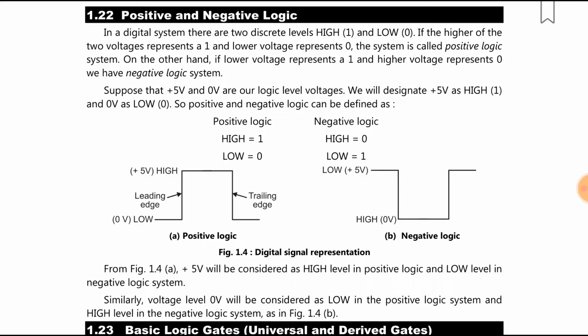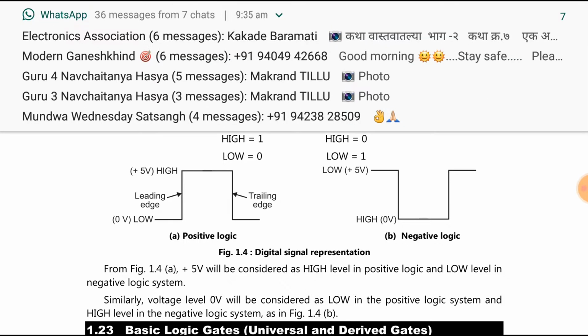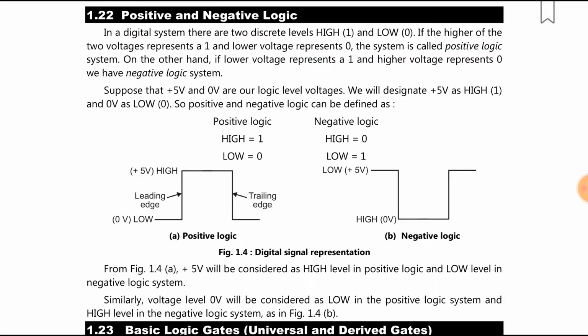Suppose that 5 volt and 0 volt are our logic levels. We will designate 5 volt as high level and 0 volt as low level. So positive logic is defined as high is 1, low is 0. For negative logic, high is 0 and low is 1. So these are the digital signal representations.